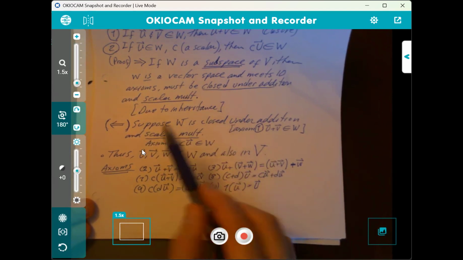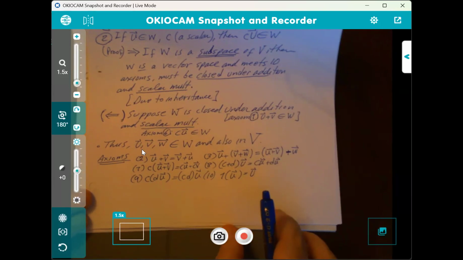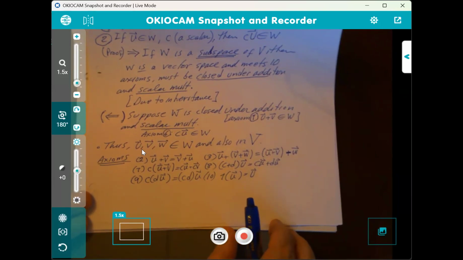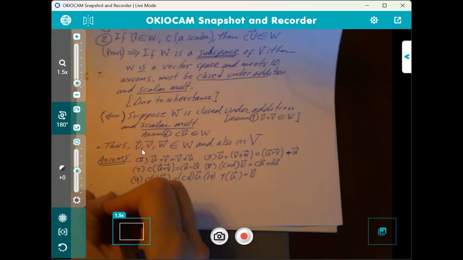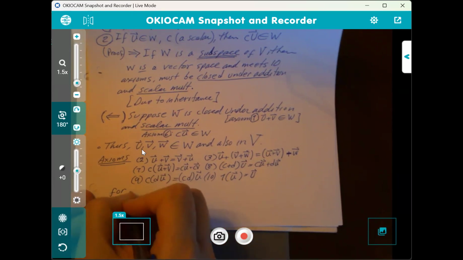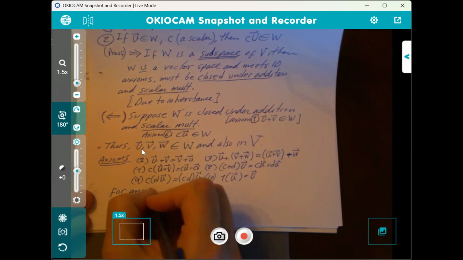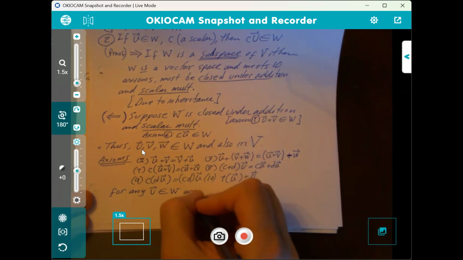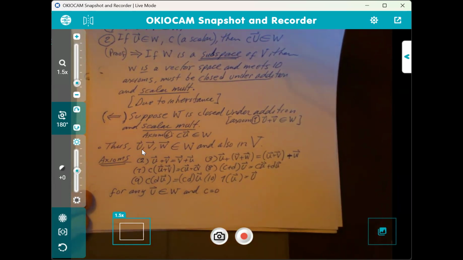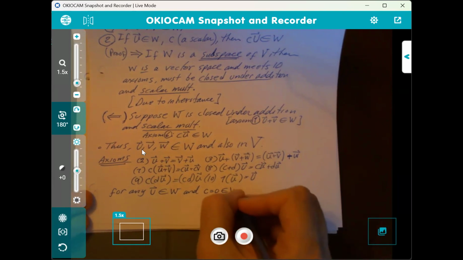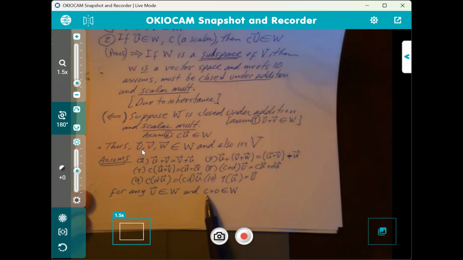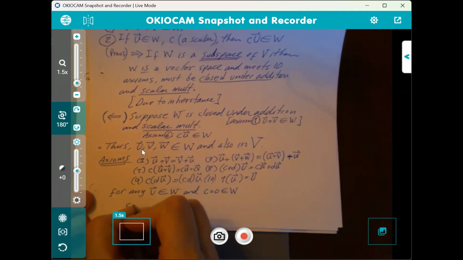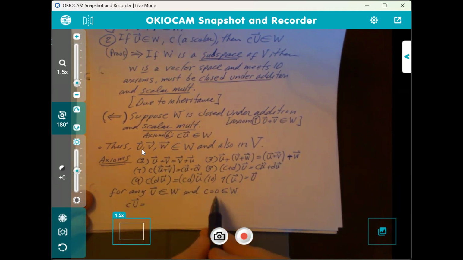Well, because of these two, then we can say that for any vector u that is in W, and if scalar 0 is also in W because all these scalars are inherited from the parent, so those are in W. Therefore, C times u, C is 0.